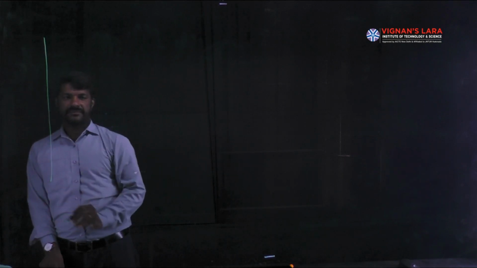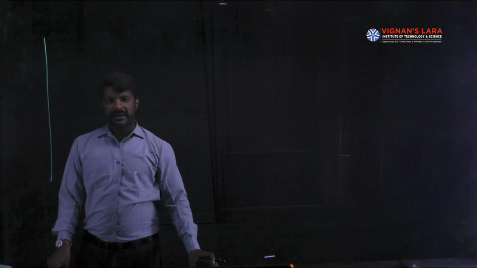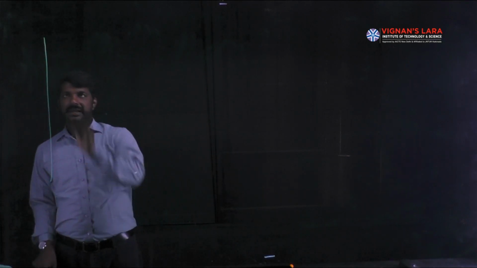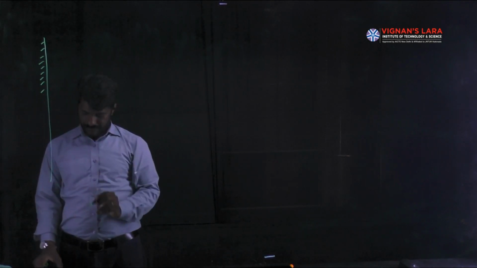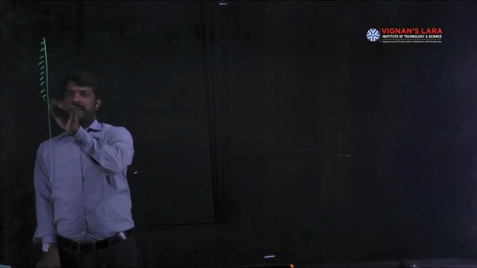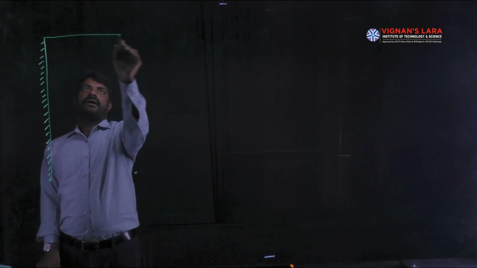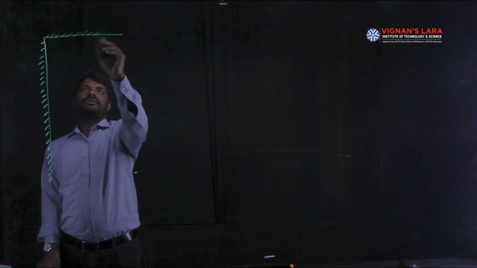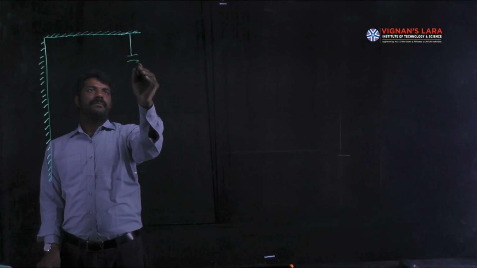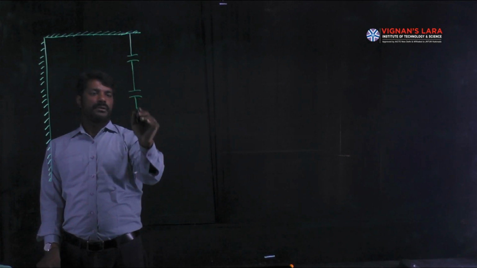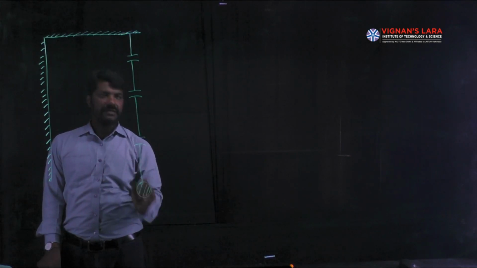Let me take this as the insulator. This is the tower, and this is the cross arm, and we know that there are 3 insulators in the string.